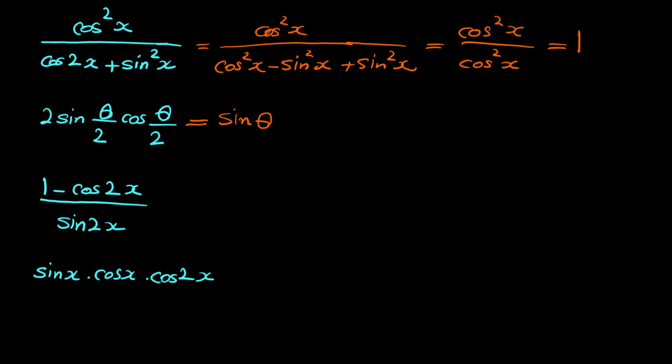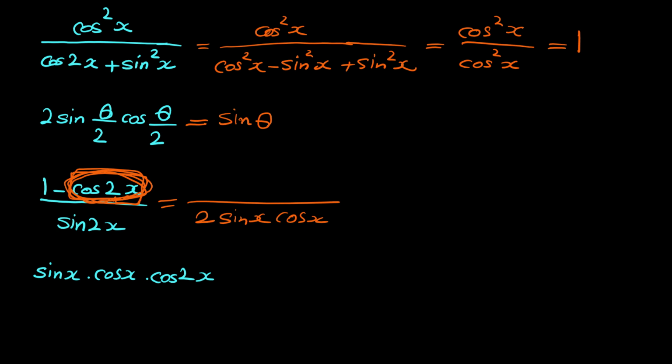So we can think of using double angle identities, double angle formulas. For sine of 2x, for the denominator, if we use the double angle identity, it's 2 sine x cosine x. Sine of 2x is this. But what do we have to use for cosine of 2x? Because for cosine 2x we always have this problem.